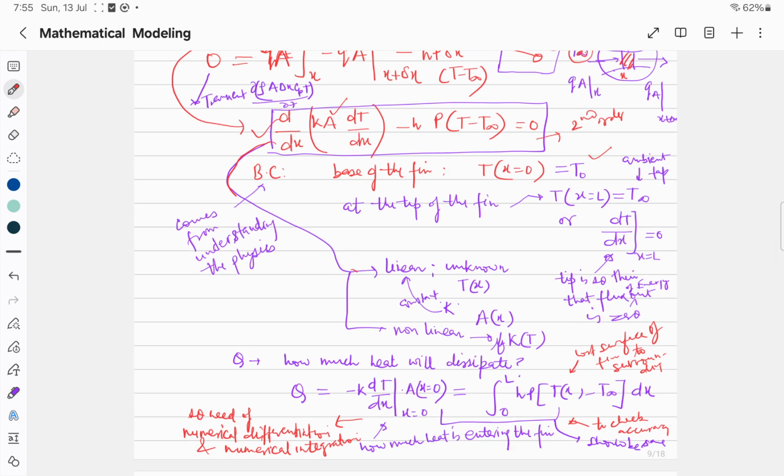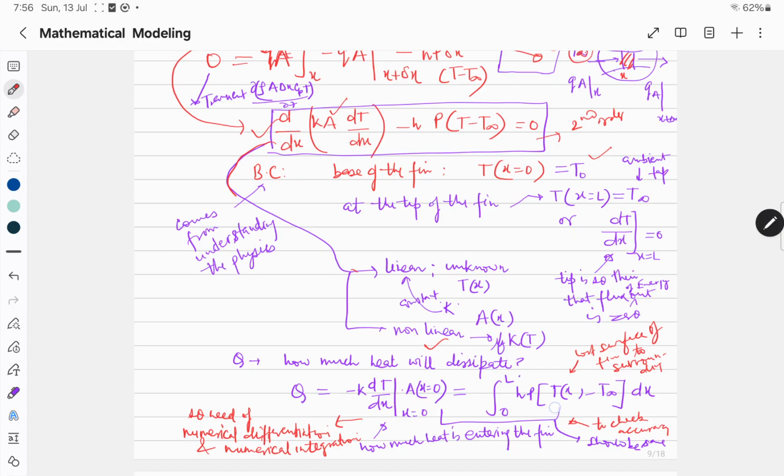If some function of the dependent variable comes along with dT over dx. If thermal conductivity becomes a function of temperature, which happens in many materials, then k will be a function of T and dT over dx. As a product this will appear, and then this equation will become non-linear.